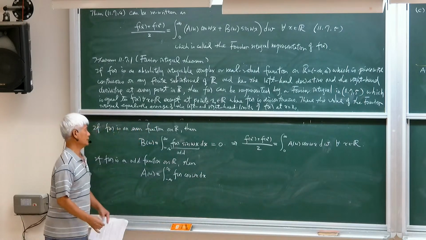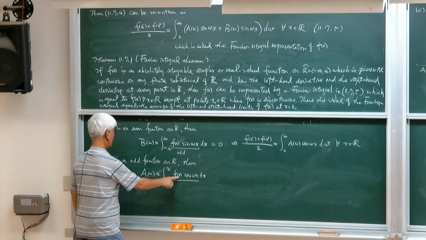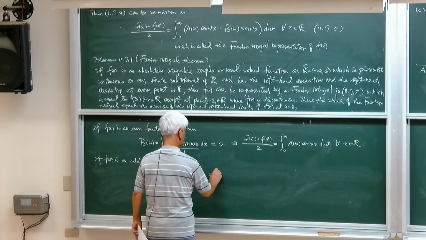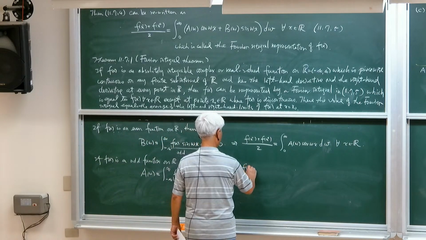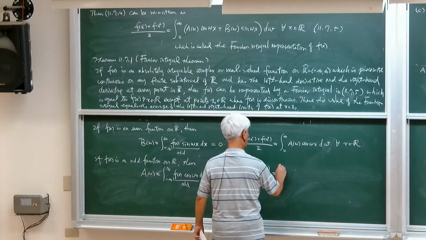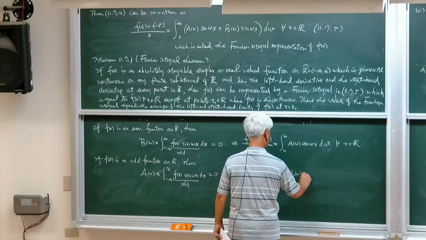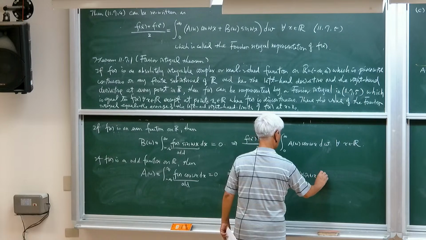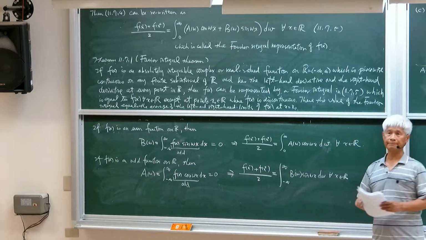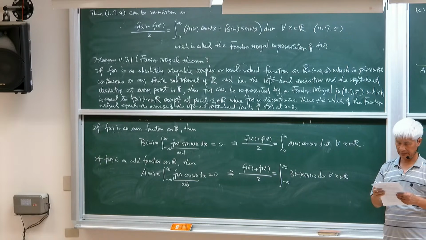Now again, cosine is even, but f of x is odd, so the integrand becomes odd, and again this is 0. So we can simplify the full integral representation there.